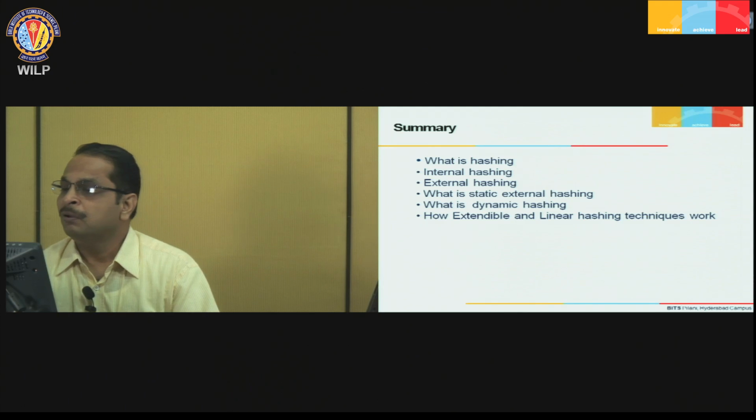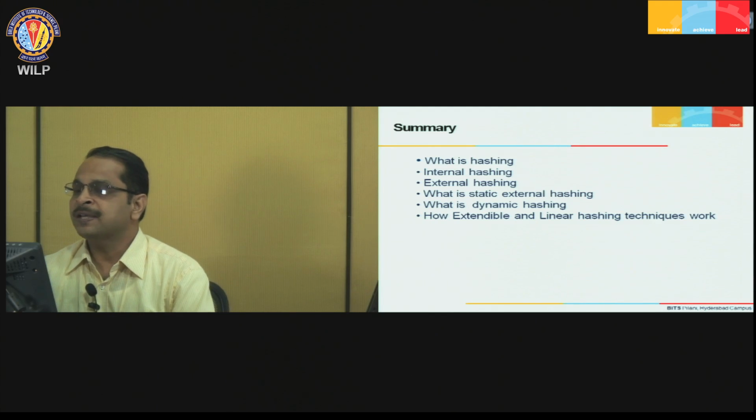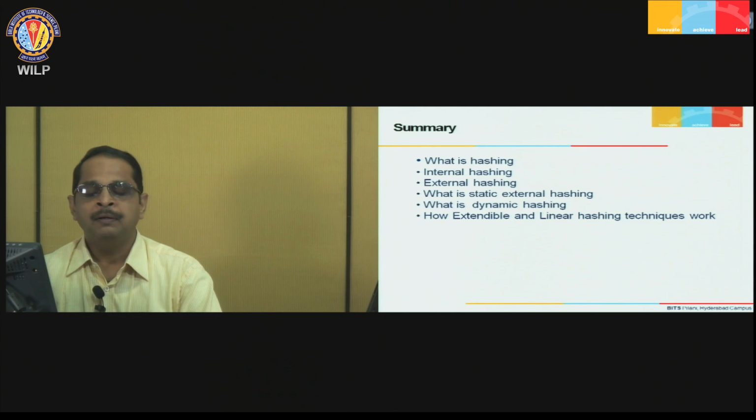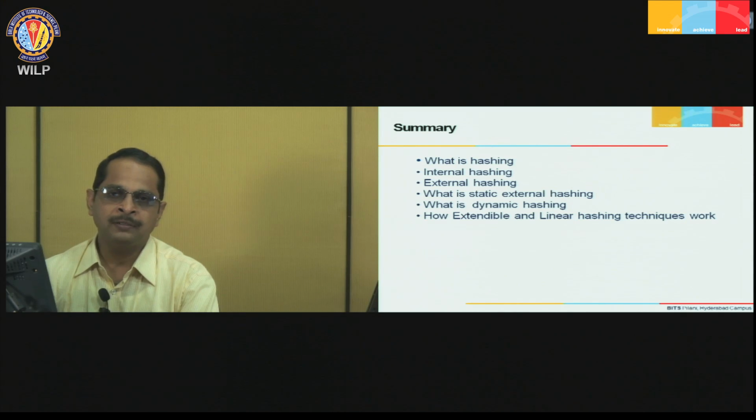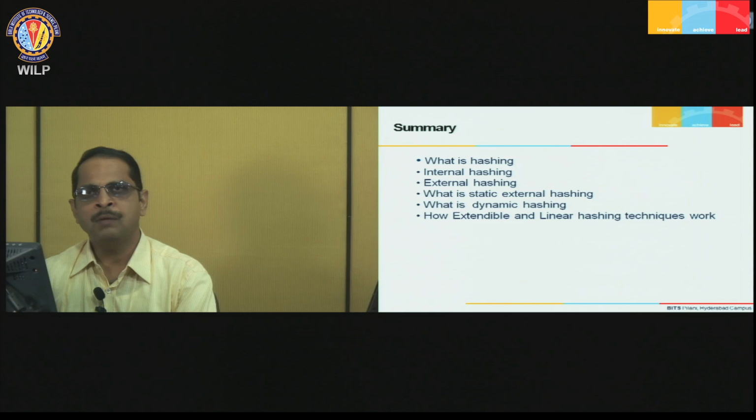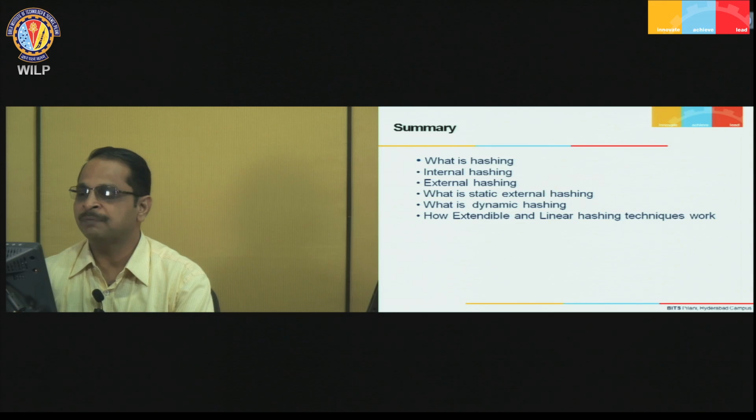And we have seen static external hashing, where we will be using a hash function and the number of buckets or address space is fixed. As and when collision occurs, we will be resorting to chaining, and more collisions will result in more chaining, which will basically defeat the purpose of the hashing.